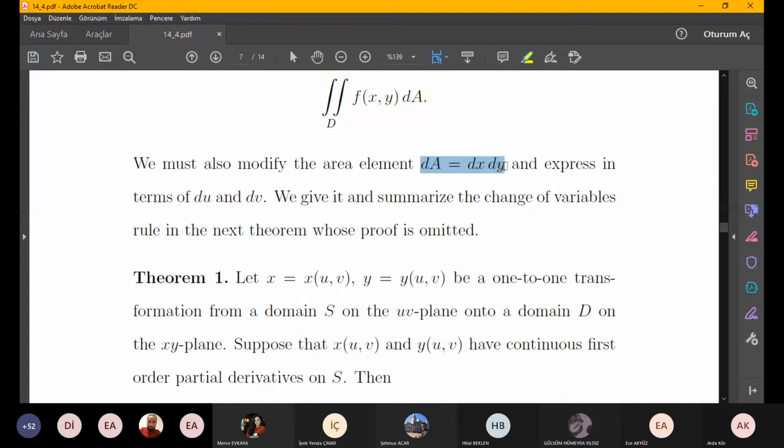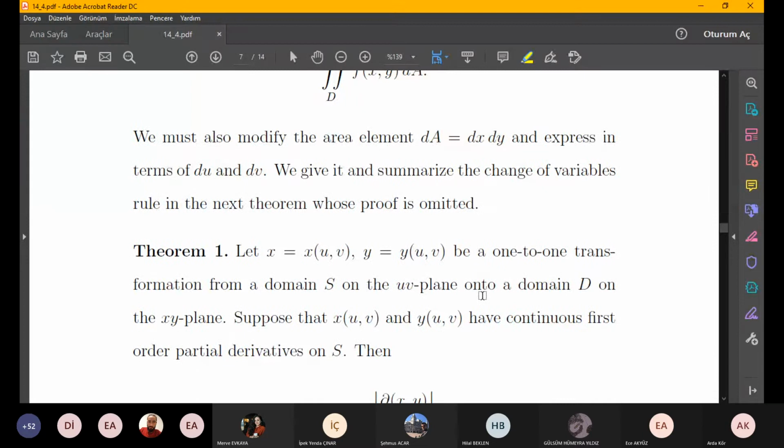But we need to define dA in terms of du and dv. We will summarize the change of variables rule in the next theorem, but we will not show the proof. It will show us how we define dA in terms of u and v.